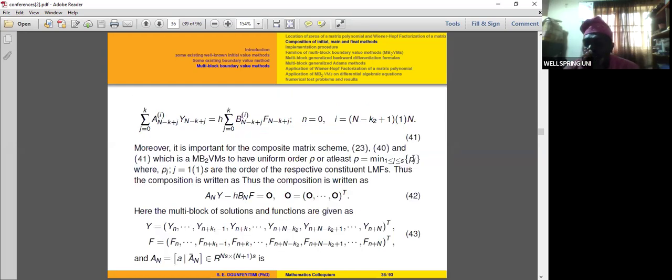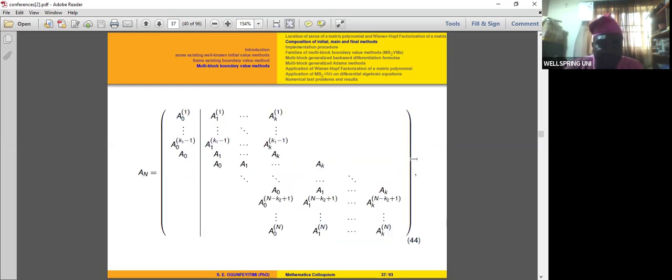And when we couple everything together, it becomes a one-block method with high dimension. Meaning that we don't need any extra method during the implementation, which we can see in equation 42, and the multi-block of solution and function is as well given in 43.